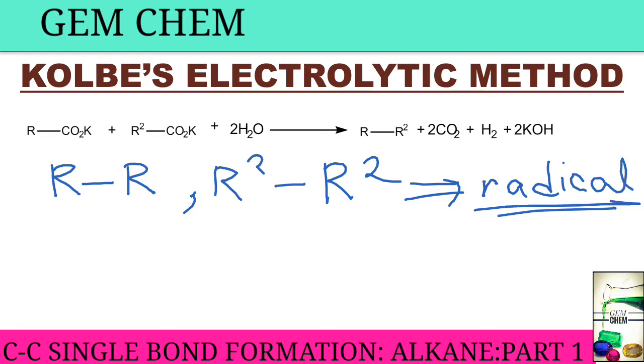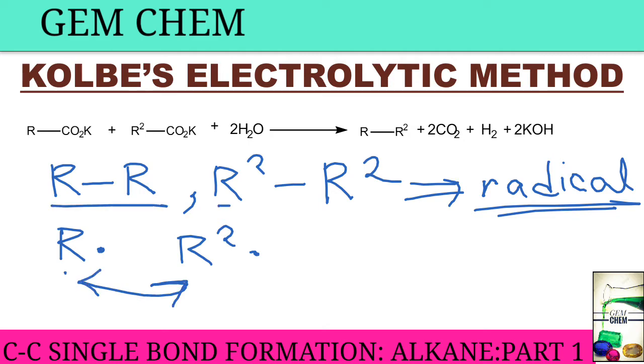So if the radical pathway occurs, we will get R dot and R' dot, right? They can self couple also, or they can interchange within themselves also. So we get three kinds of product. So it is a drawback, but we have to know the mechanism also. Several mechanisms have been proposed for this reaction.